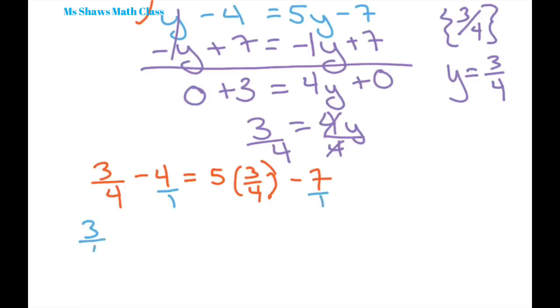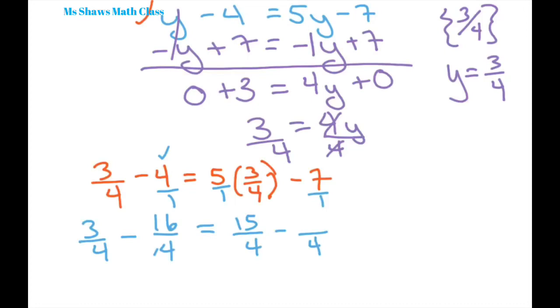You have 3/4 minus, now we need a 4 here. So you just take the numerator here times this denominator and you get 16, 4 times 4 is 16. Now this is going to be, put this in fraction form, 15 over 4 divided by 4. And then I'm going to need a 4 here.